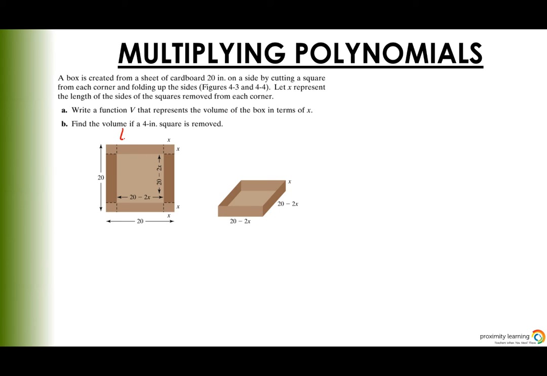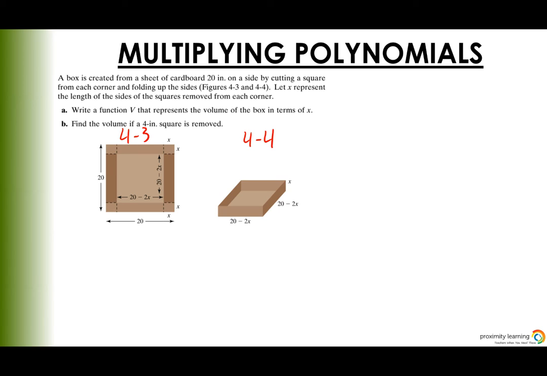This is 4-3. This is 4-4. We're going to let x represent the length of the sides removed from each corner. So we are going to write a function v. Our answer is going to be v, which represents the volume of the box in terms of x.